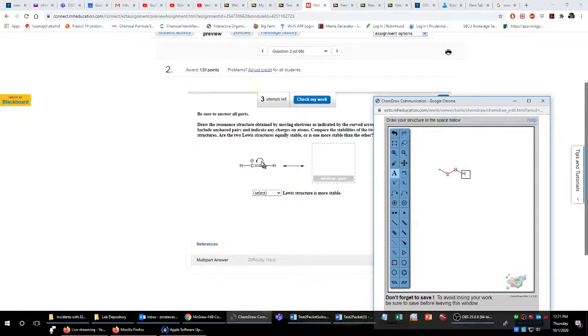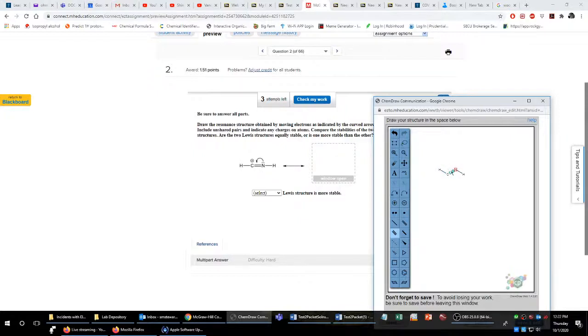By taking that lone pair and putting it between the two, we're saying that's forming another bond. Now, what about the formal charges? Well, we have carbon here with 3 bonds, starts with 4 valence electrons, so 4 minus 3 gives you that plus 1. Here we have carbon with 4 bonds, so it doesn't have a formal charge anymore, but we still have to finish with a positive charge.